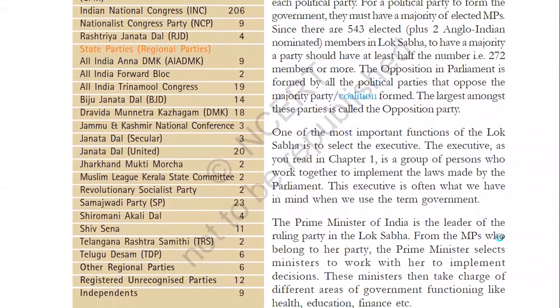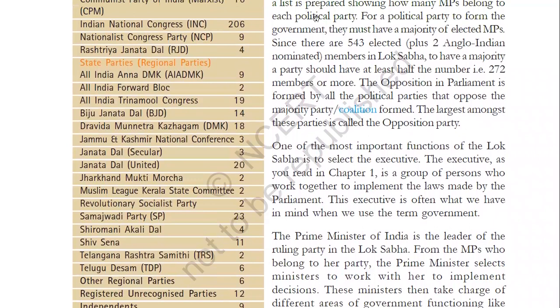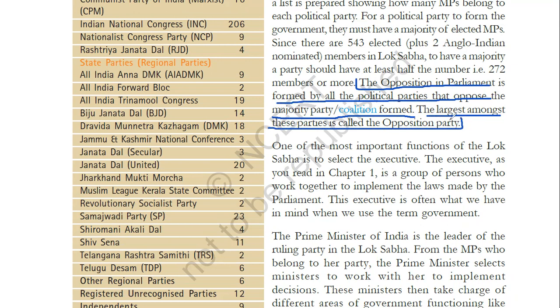For that, you can mark from here the opposition in parliament. The opposition in parliament is formed by all the political parties that oppose the majority party or coalition formed. The largest among these parties is also called the opposition party. This would be the complete answer for the next question.